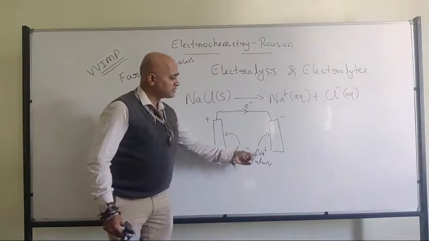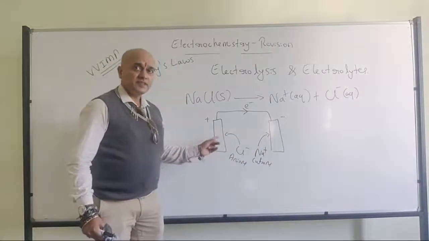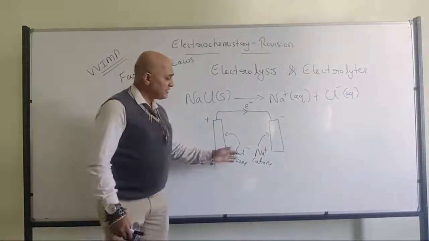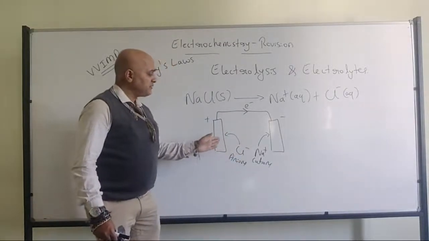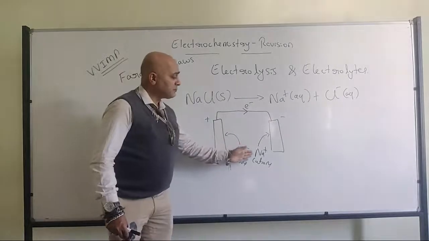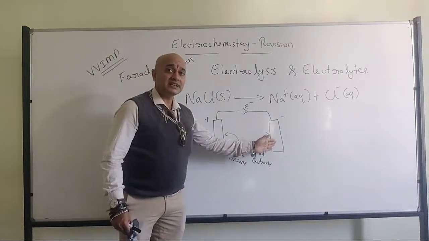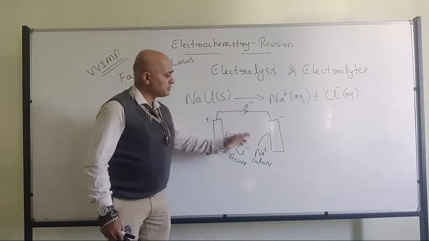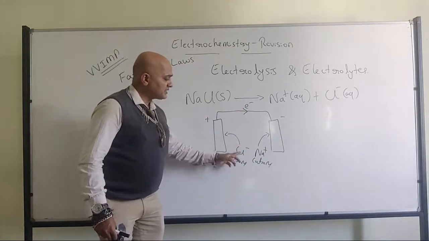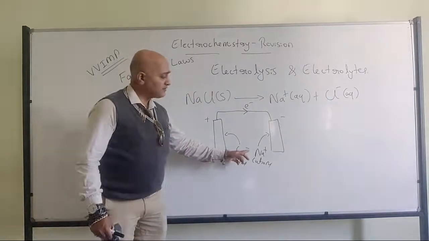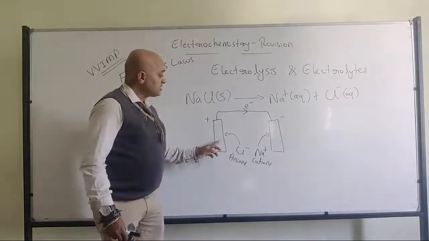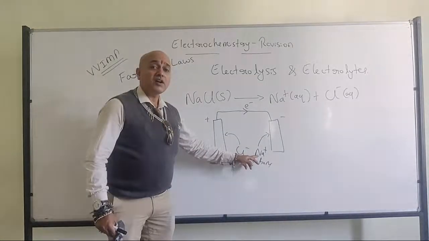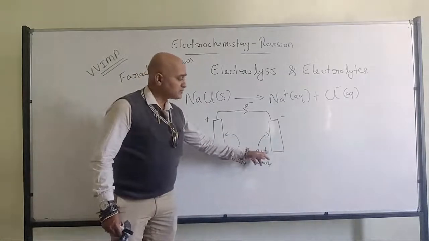That will happen because of the movement of the ions. When you pass the electric current, there will be lysis of electrolytes. So negatively charged ions will move towards the anode and positively charged ions will move towards the cathode. Slowly the movement of electrons will start because anions are electron rich species, therefore they have the negative charge. Now they start donating the electrons. And cations are electron deficient species, therefore they have positive charge.